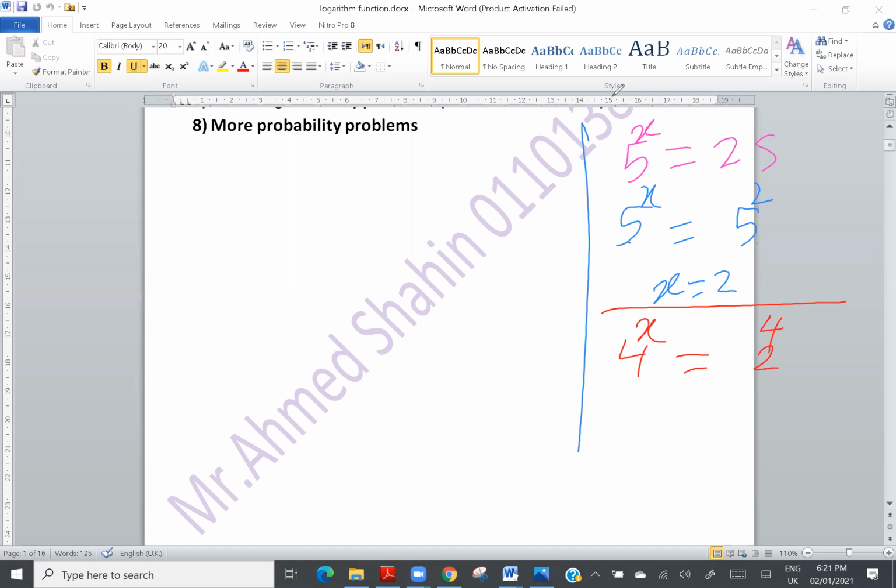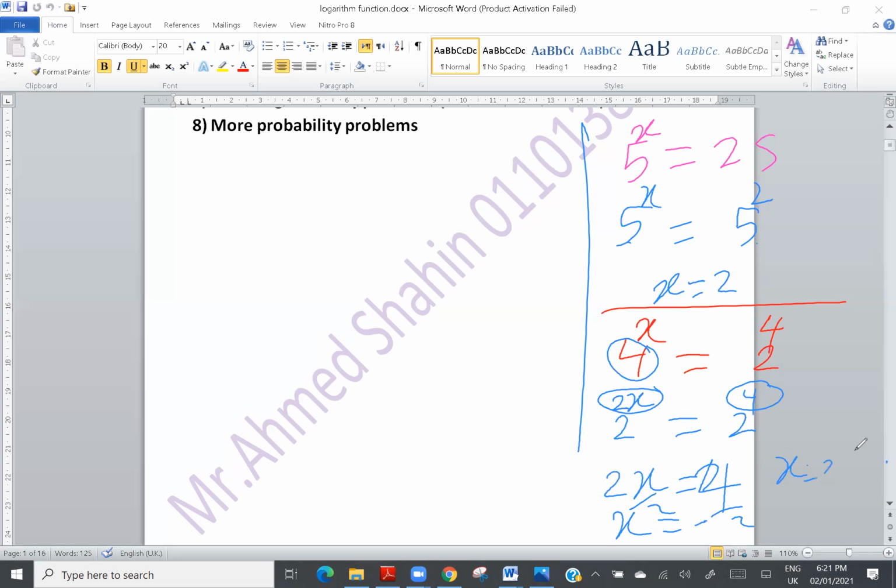Also, you can make 4 as a base 2, then 2 power 2x, right? Because 4 is 2 power 2, and multiply the powers, so 2 power 4. So 2x equal 4, now the powers will be the same because the bases are the same. So divide by 2, so x equal 2, right?